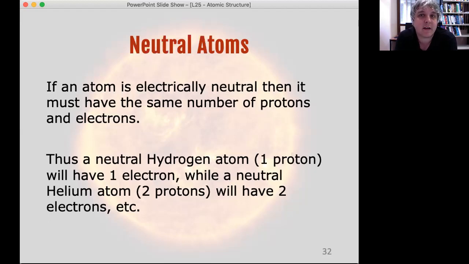That's like adding $1 and taking away $1. You end up with 0. Proton, you add a bit of positive charge. Electron, you add a bit of negative charge, which takes away that charge. You end up with 0. So a neutral hydrogen atom with 1 proton must have 1 electron. A neutral helium atom with 2 protons must have 2 electrons, and so on. So a neutral atom will always have exactly the same number of electrons as it has protons.